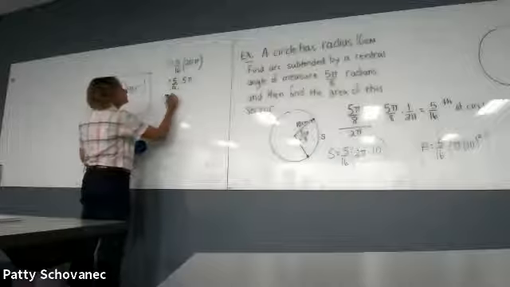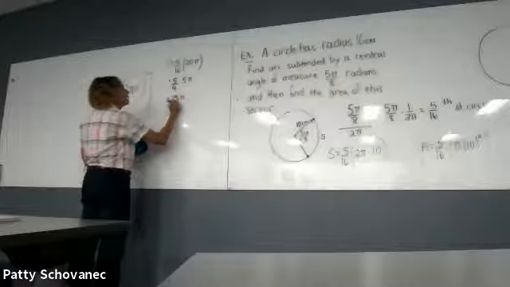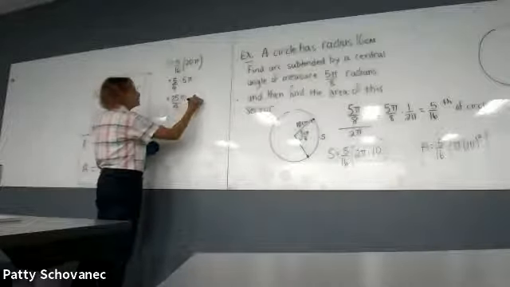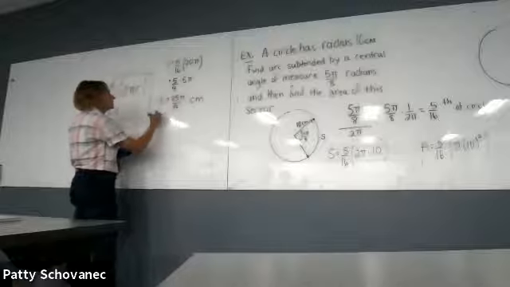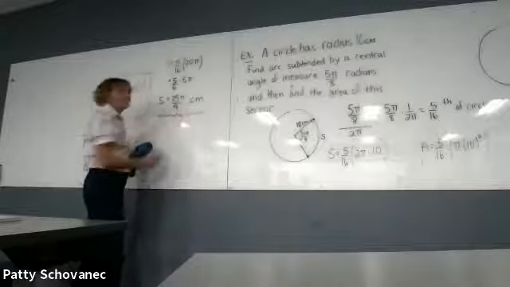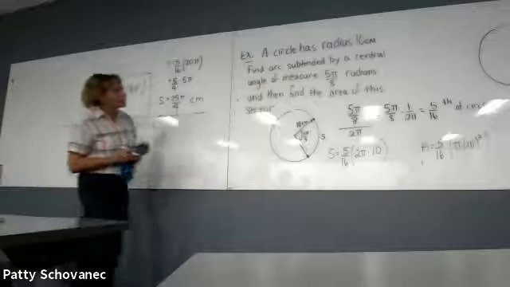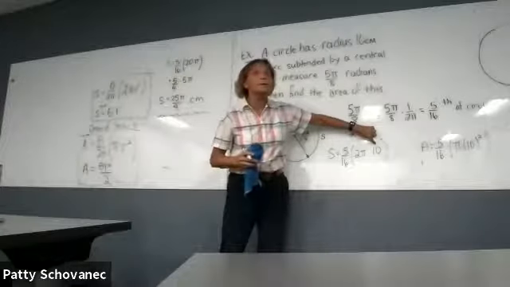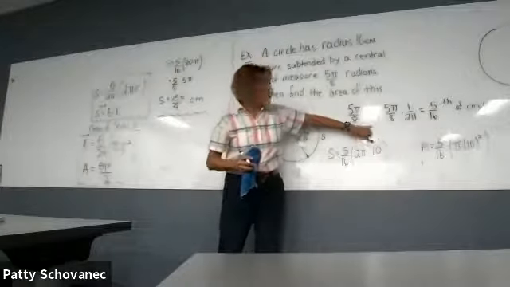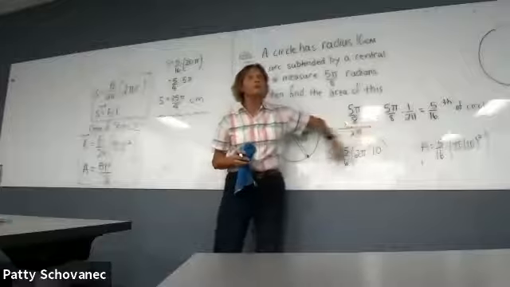And then we're done. We've got 25 pi over 4. This is in linear units, so this is centimeters. Where'd the 20 pi come from? I took 2 pi times 10. 2 pi r, circumference.